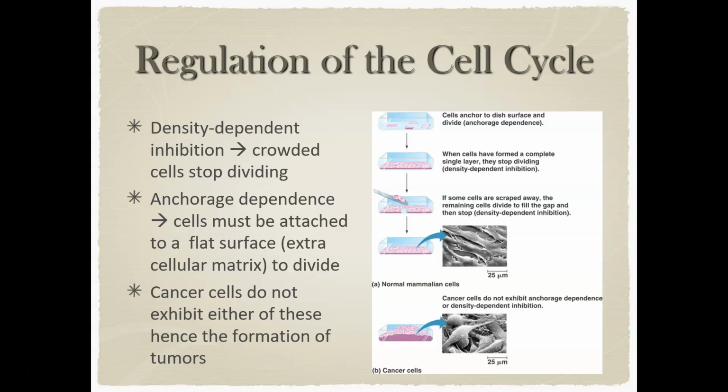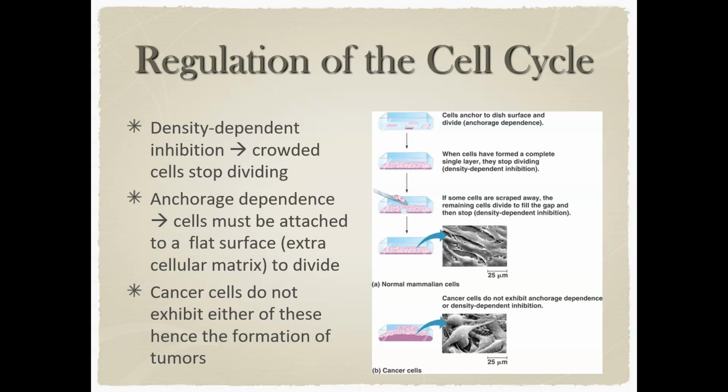When we talk about it in your body, remember us talking about that extracellular matrix, sort of that Velcro that holds layers of cells together in a tissue. If they're not attached to that, they shouldn't be dividing. When that anchorage dependence breaks down, that's when these cancer cells are able to break off of these tissues, end up in things like your bloodstream, and get lodged in other places in your body.